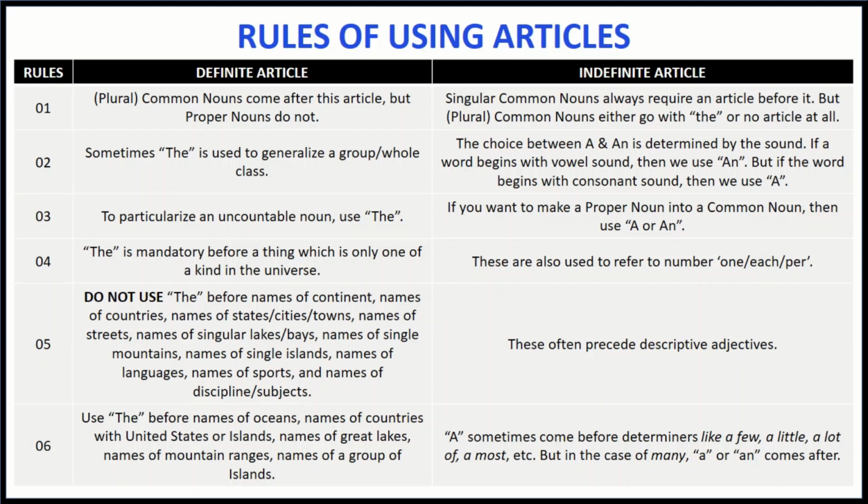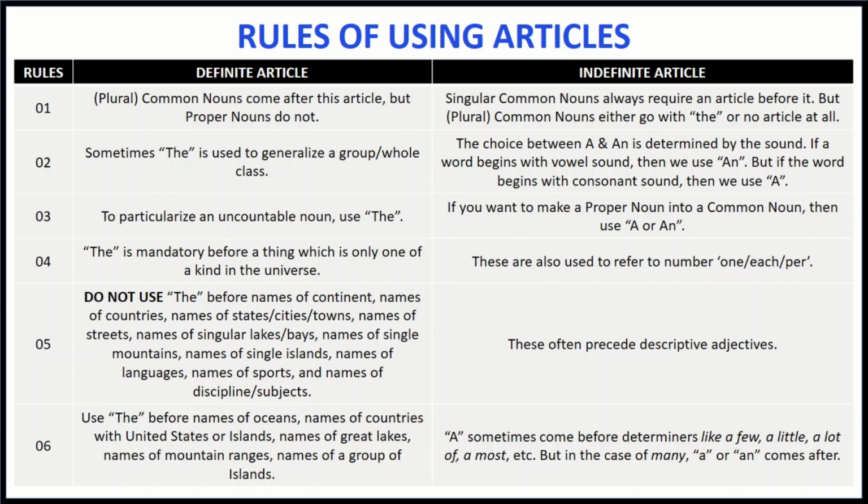Rule number five, do not use the definite article before names of continents, names of countries, names of states or cities or towns, names of streets, etc. And rule number five of the indefinite article states that these often precede descriptive adjectives.